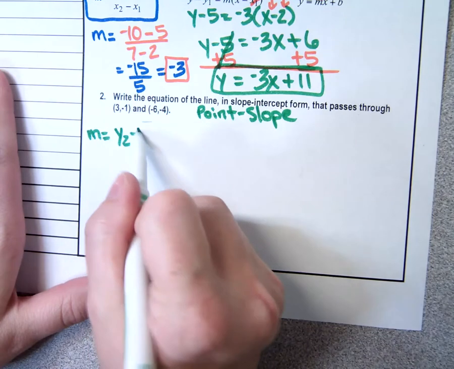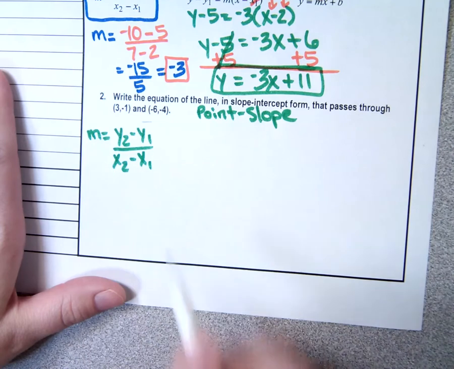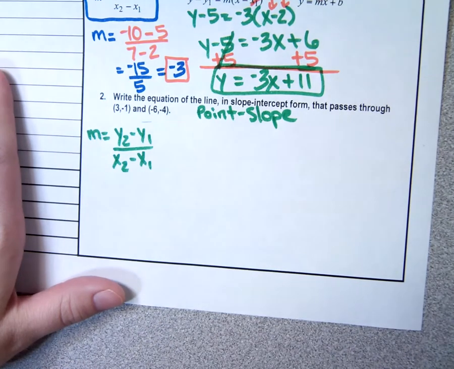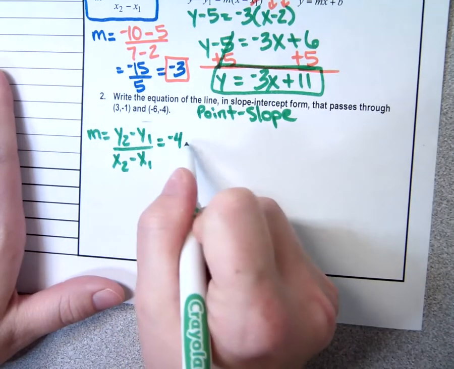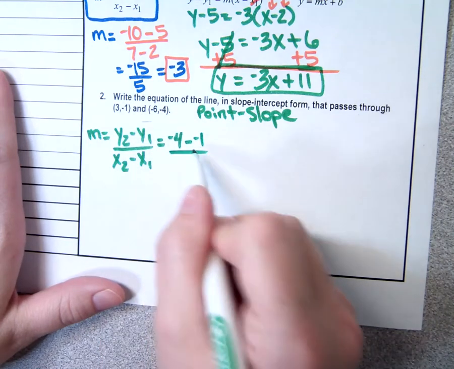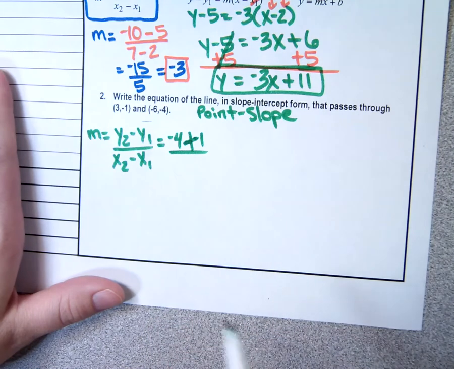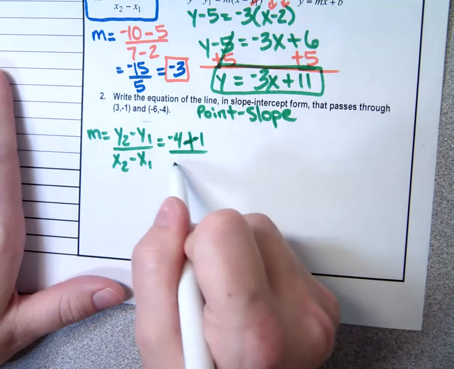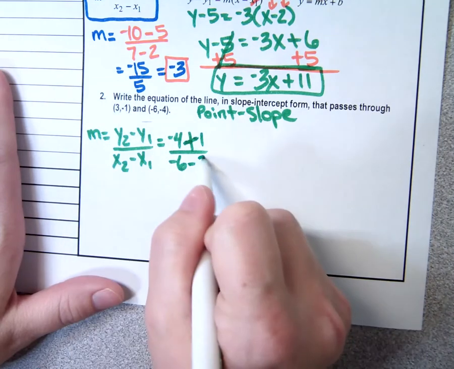So remember, it's y2 minus y1 over x2 minus x1. So how would I write y2 minus y1? -4 minus -1, and that's going to become a plus. How do I write x2 minus x1? -6 minus 3.